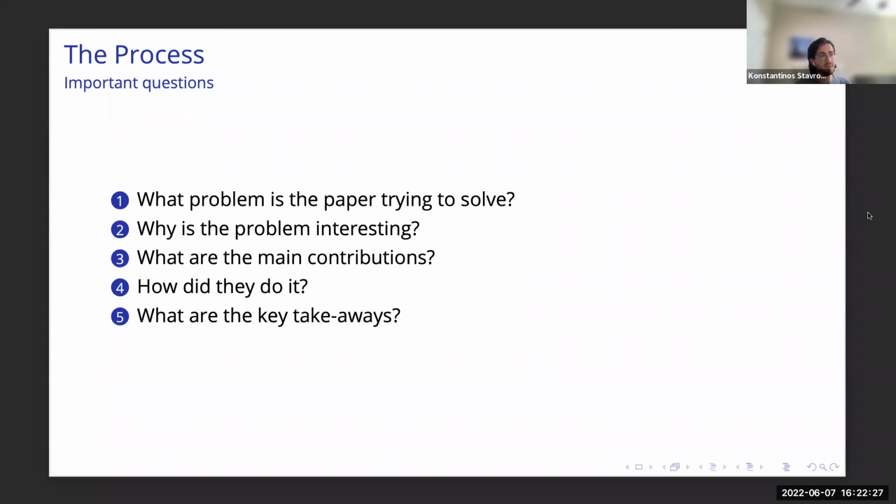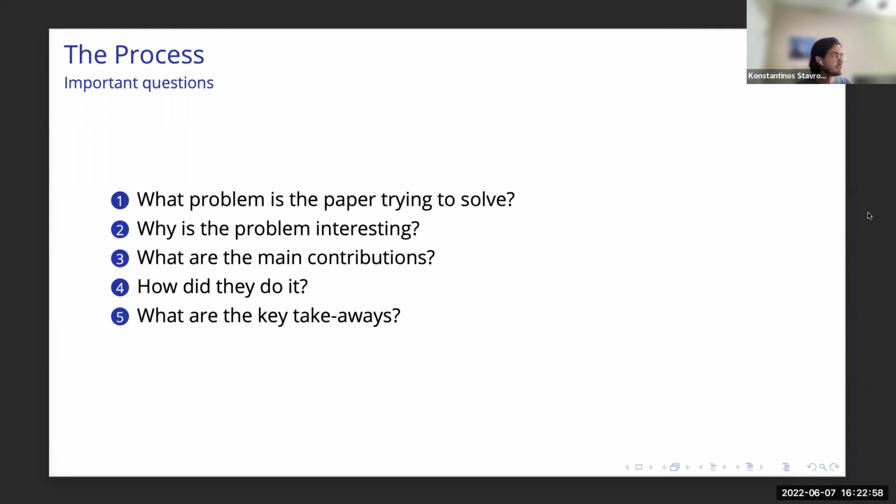Because I have subjective goals, and I work in a specific area, so I don't really care about all of the information that the paper has. So I really want to extract a single nugget of information and knowledge that will be the best thing for me to keep out of this paper. So this comes after I acquire a deep understanding of the paper.